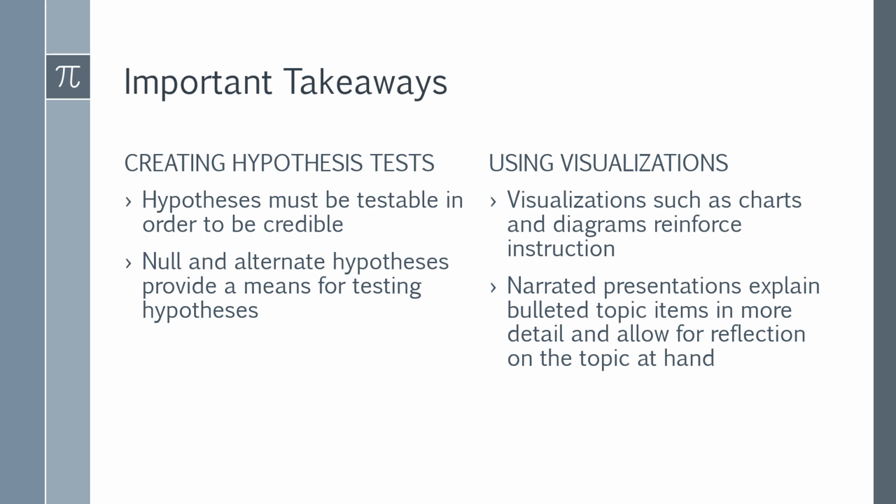Hypotheses must be testable in order for us to say yes or no, I did have findings here. And our null and alternative hypotheses provide that means for testing. We can either accept or reject that null hypothesis, and then revise our hypothesis, and then move on from that.